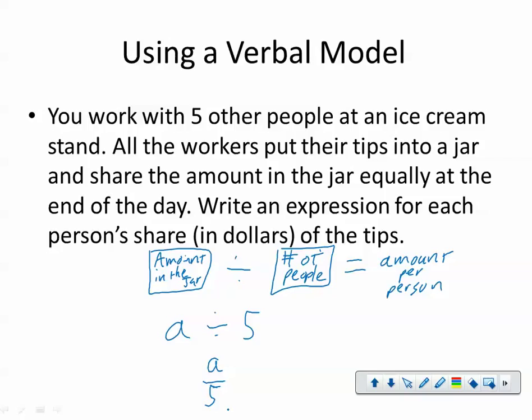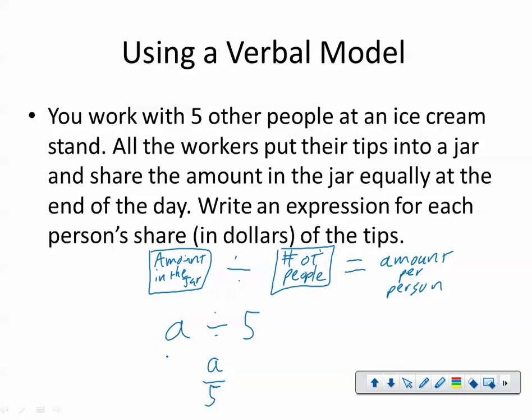Notice that this tries to get us to think about the problem a little bit, right? To think about the situation and what is happening. Not just the answer, right? I'm trying to get a whole look about what is happening with this situation, and I'm trying to put words to it so that I can then create a model that represents those things, right? A is the amount of money in the jar, right?